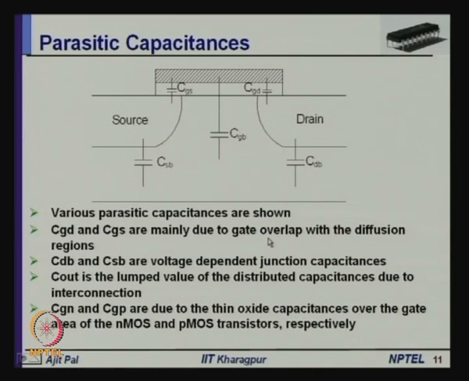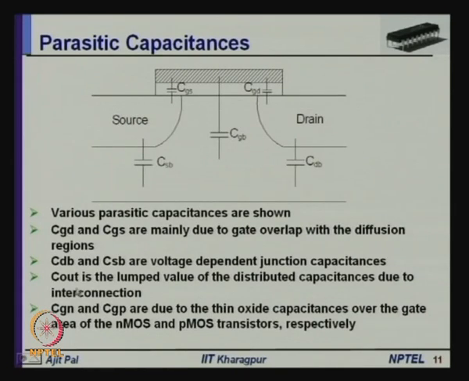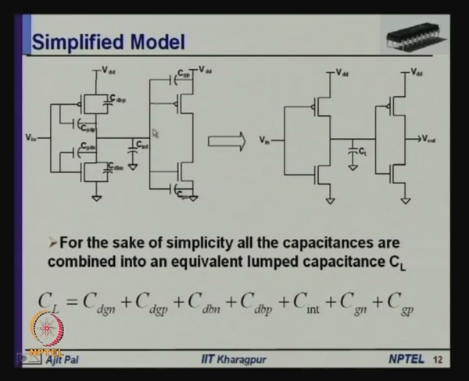These are the various capacitances you will encounter, and this is the simplified model that we can make from this. Here we have shown an inverter with its associated capacitances. This C interconnect is the interconnect capacitance that I mentioned, and here are the CGP and CGN it is encountering. So, the diffusion capacitances will also be encountered by this output.